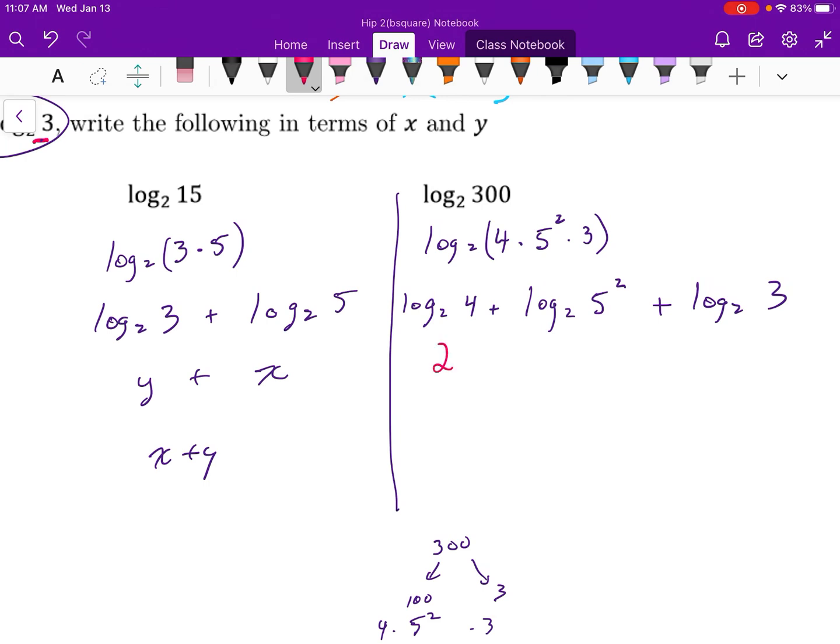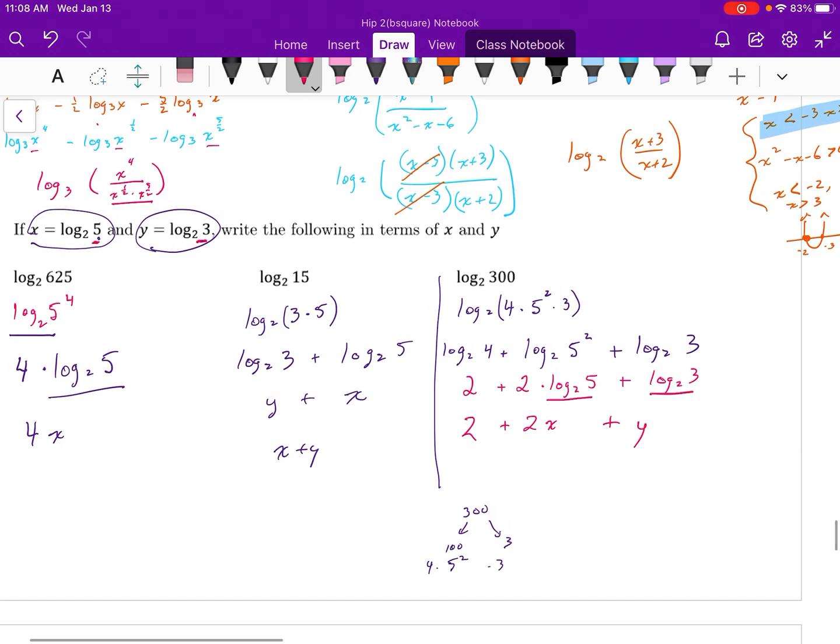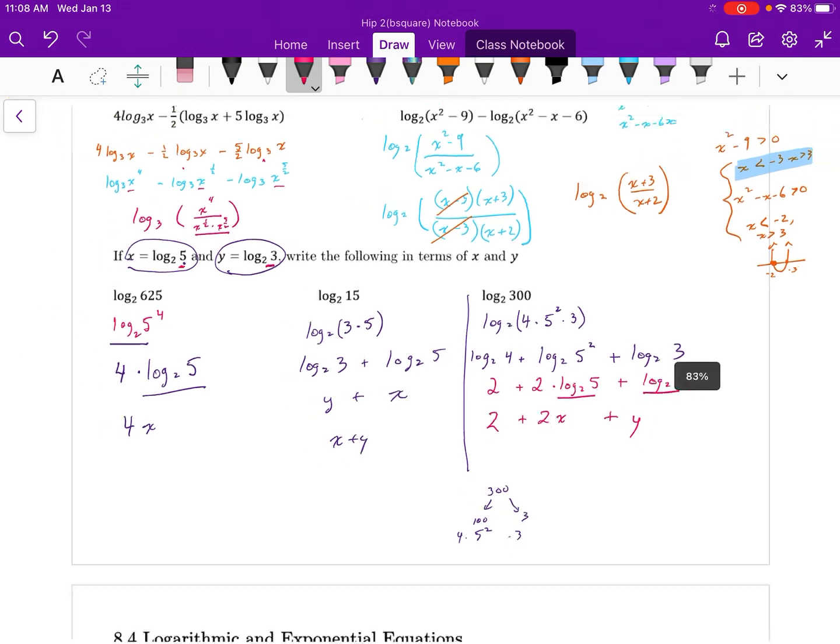Well, log base 2 of 4 is simply better known as 2, since 2 to the power of 2 is 4. And now I'm going to use the power rule. The log base 2 of 5 squared can be written as 2 times log base 2 of 5, plus log base 2 of 3. So I'm just going to look back at my definitions. This is 2 plus 2 times x, right, this value is x, plus y.